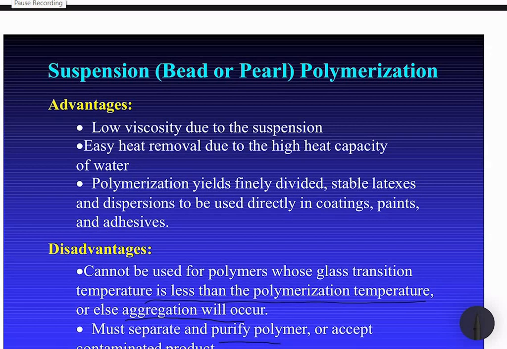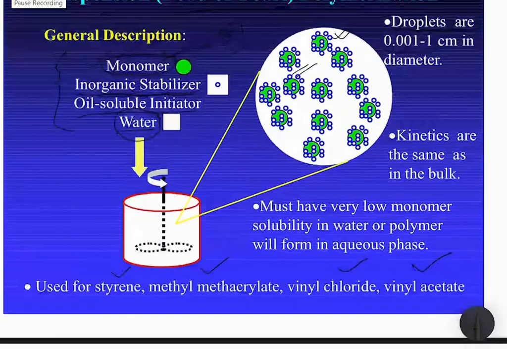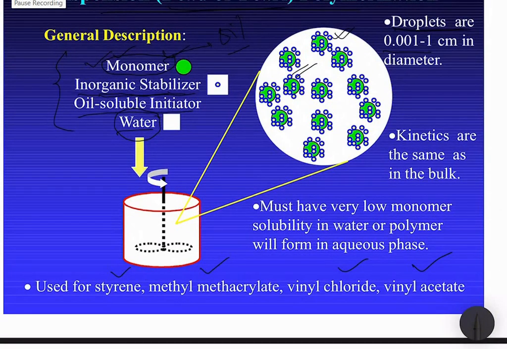For that you need to viscosify your water such that the heavier polymers being formed do not get precipitated. So apart from the monomer, inorganic stabilizer, oil soluble initiator and water, we need to add some viscosifier.